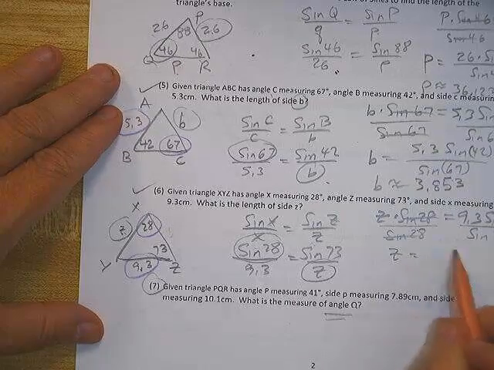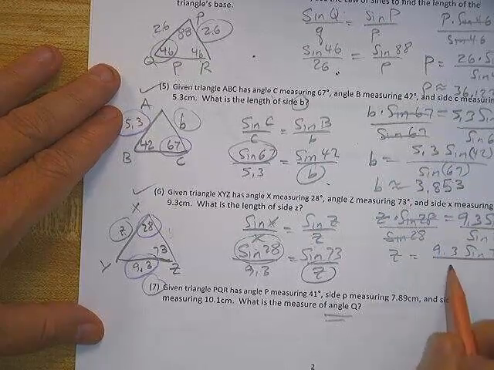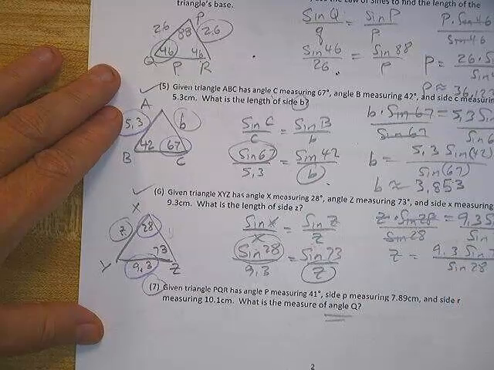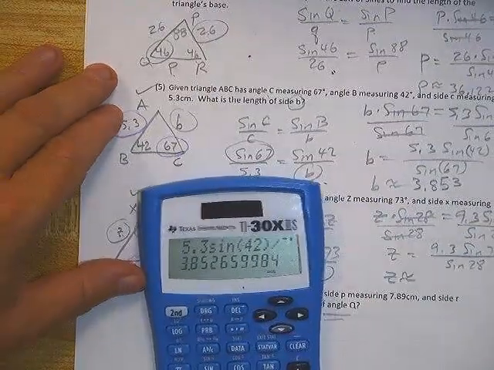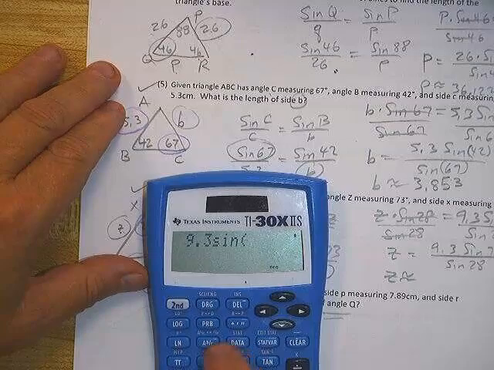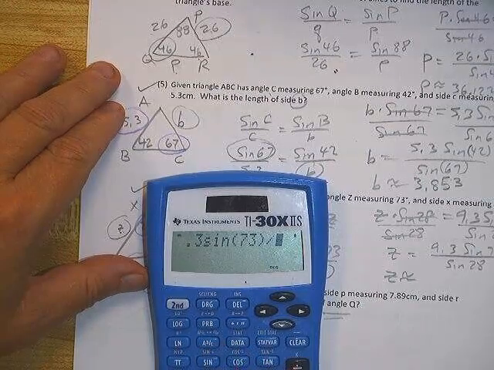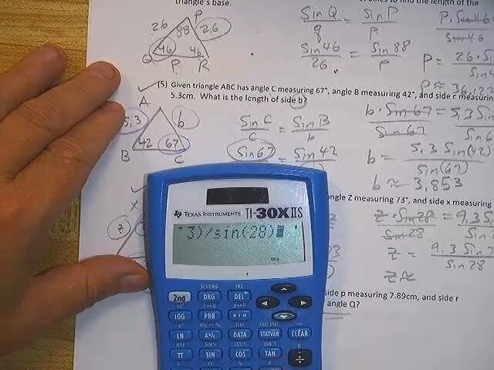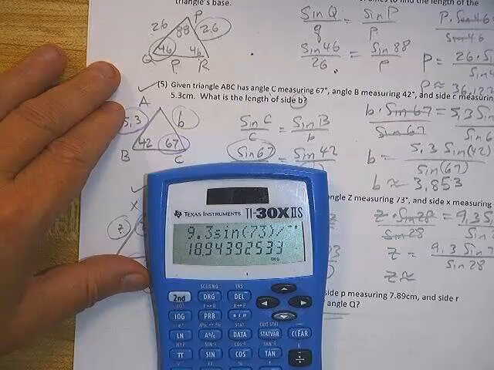So z is equal to 9.3 sine of 73 degrees divided by the sine of 28 degrees. So z is approximately equal to 18.944.